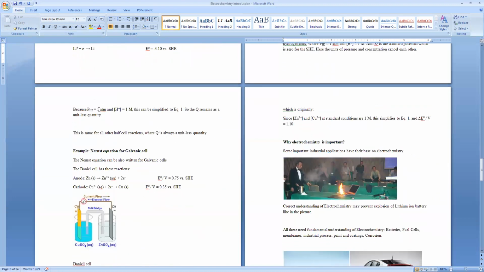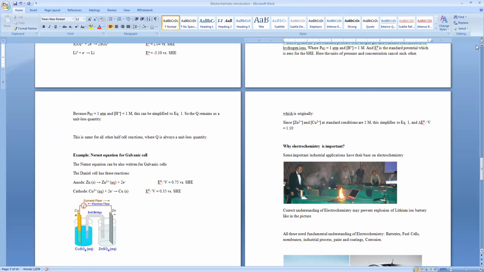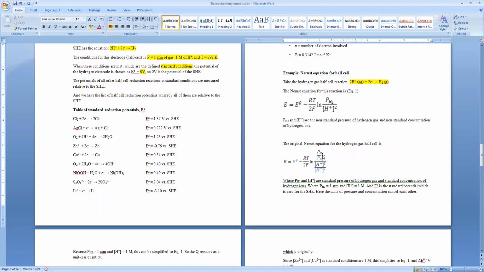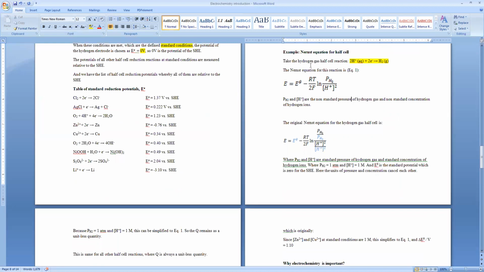At standard condition the pressure of hydrogen equals 1 atm and the hydrogen ion concentration is 1 molar, so it simplifies to equation 1. Q remains a unitless quantity because you have ln Q. Ln Q cannot have a unit, it must be unitless. So that is the Nernst equation for the half cell.